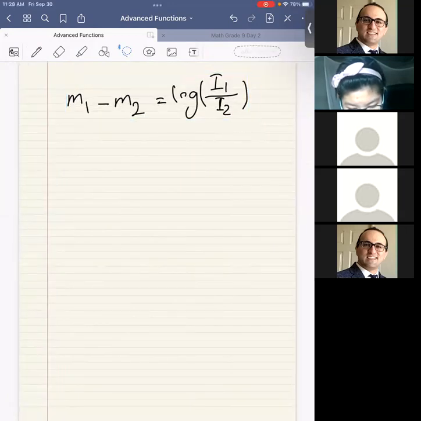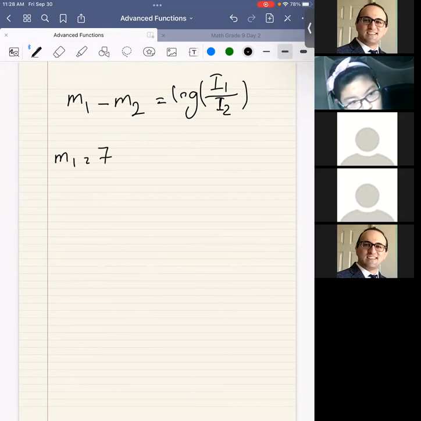So if I tell you the magnitude of one earthquake is 7, and the magnitude of the other earthquake is 6.5, what are the differences between the intensities?